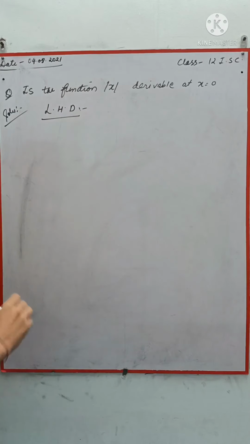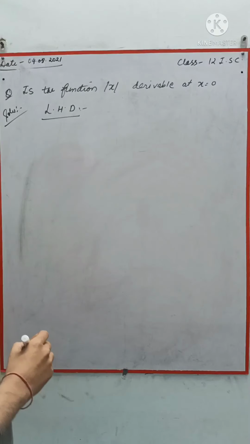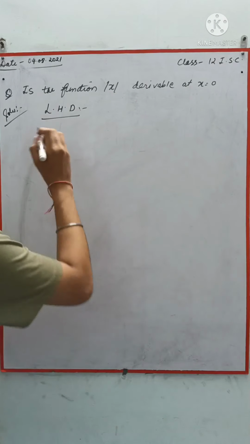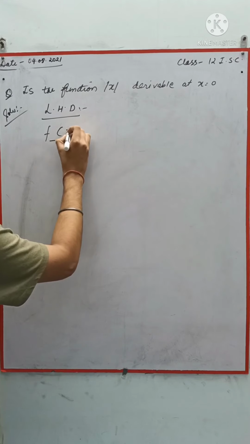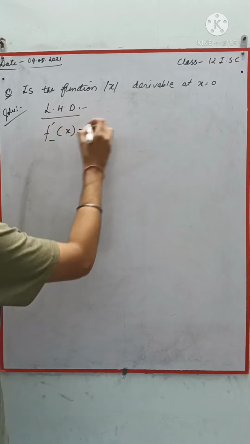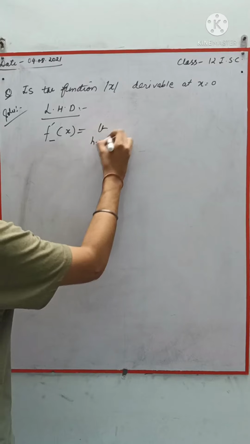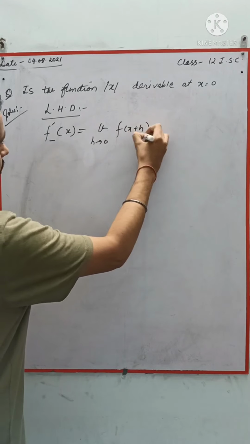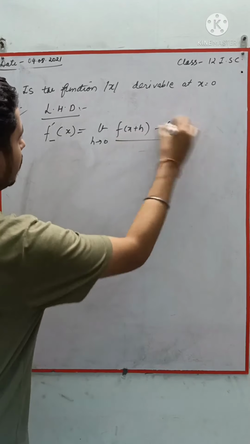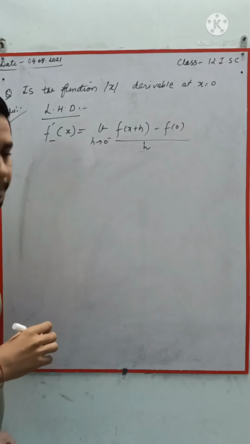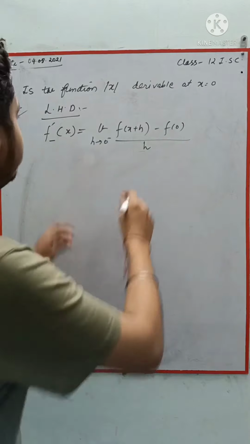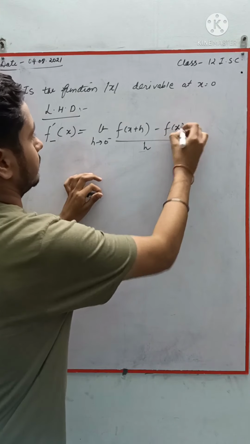We'll start with the LHD, left hand derivative. So how we have to write the left hand derivative: f dash of minus x, limit h tends to 0, f(x plus h) minus f(0), upon h.